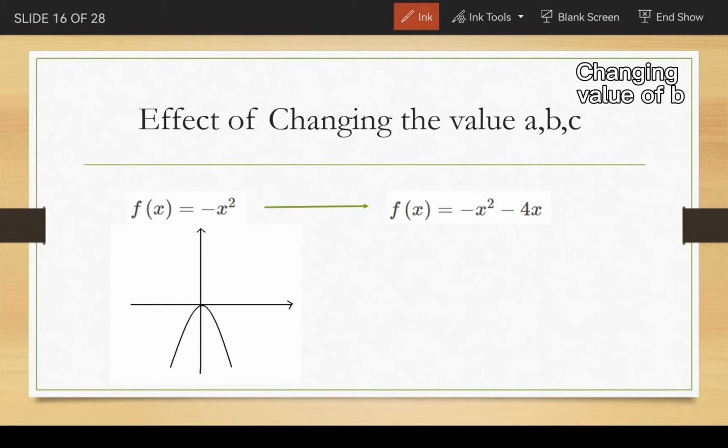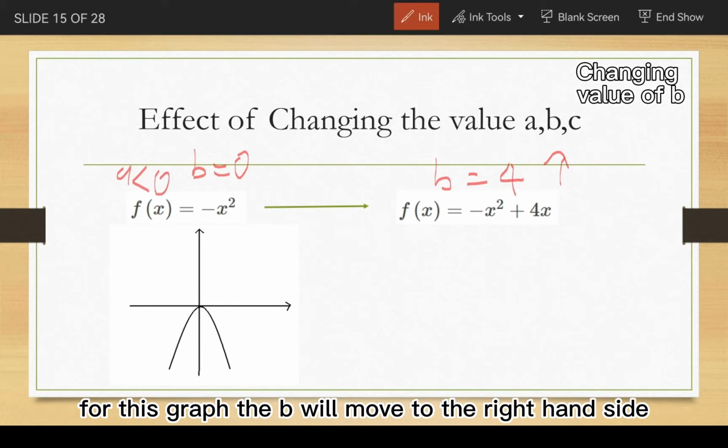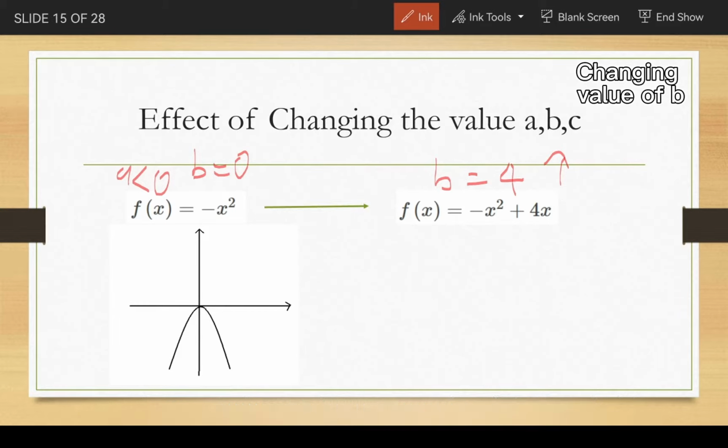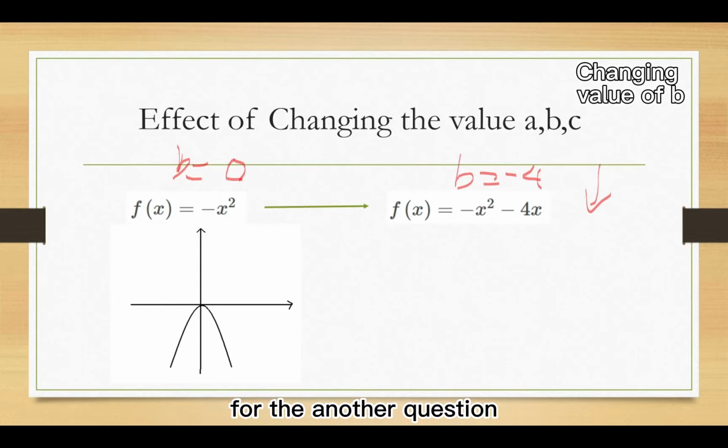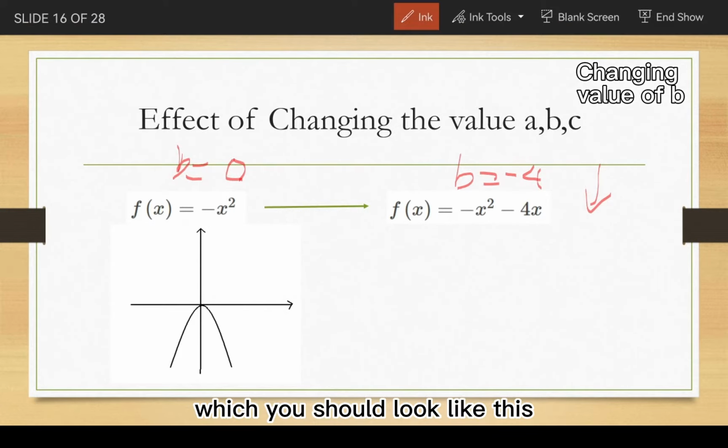For this question, the value of b goes from 0 to negative 4, which means the value is decreasing. So for this graph, it will move to the right hand side, which looks like this. For the other question, we will move to the left hand side, which looks like this.